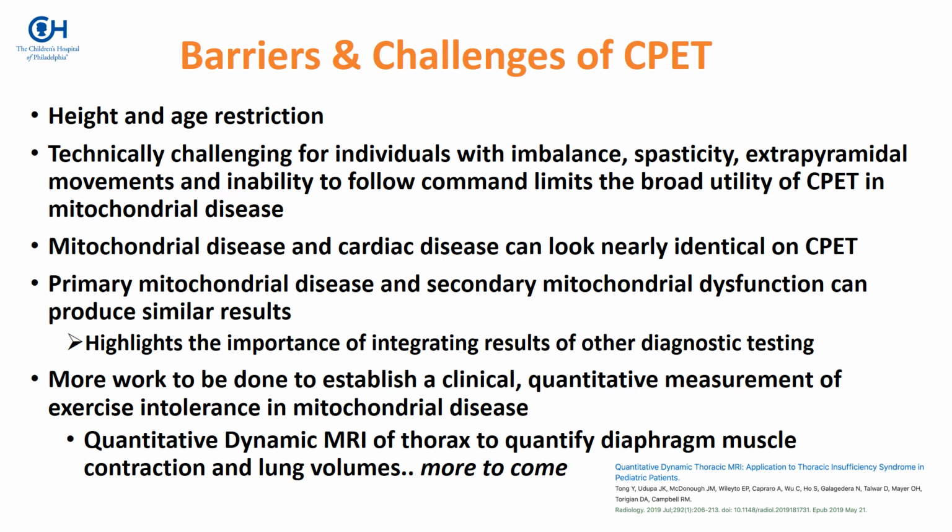The other problem that has been observed is that those with primary mitochondrial disease may produce similar results to those with secondary mitochondrial dysfunction, because in both cases, where one is genetic and one is not, the impaired oxygen utilization is present, and therefore the ability to discriminate between someone with a genetic defect versus someone who doesn't have a genetic defect for mitochondrial disease but might have another disorder or perhaps exposure to certain medications that were mitochondrial toxic may produce fairly similarly low VO2 levels on exercise testing.